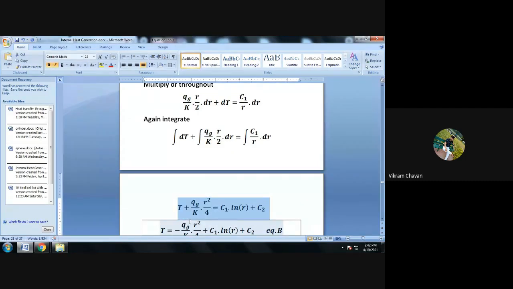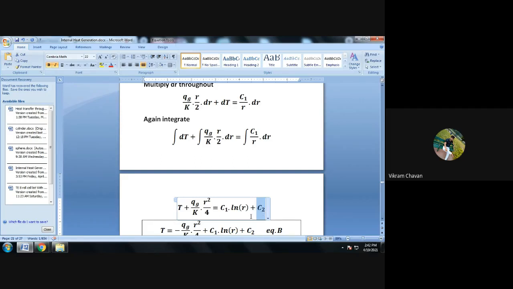So the equation we will get after the second integration is t plus qg divided by k multiplied by r square divided by 4 is equal to c1 multiplied by ln of r, and one integration constant we have to add for the second integration, that is plus c2.